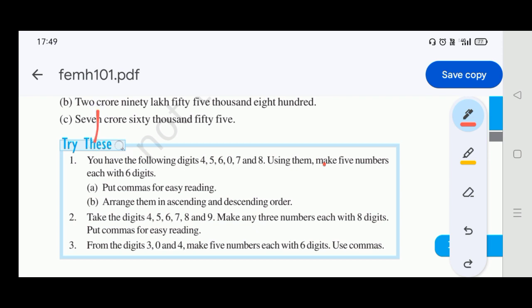Here the number of digits is 6, but they have asked us to write three numbers with 8 digits. So we can repeat any 2 digits, right? So we can write as 4, 5, 6, 7, 8, 9.